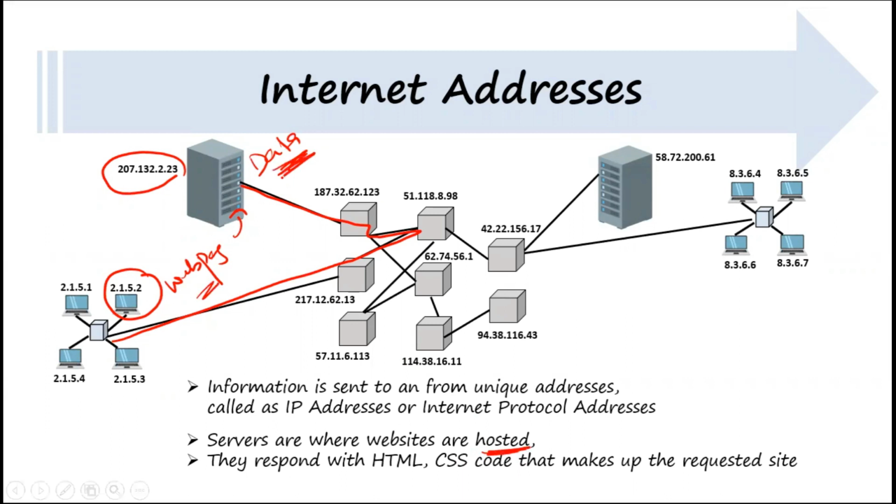And if the data is available, the server responds with all the required information and the HTML, CSS back to the designated device, and the device is able to see the requested website. So the server sends the data back through the same route, and the device is able to view the page. That's how things are happening.